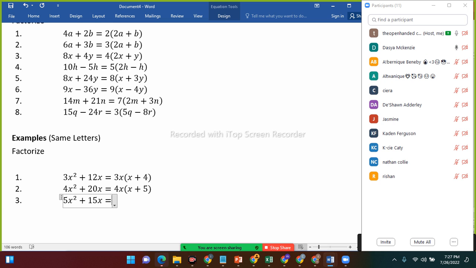So you have 5x on the outside, and then inside you will have x plus 3. X plus 3, very good. So that's how we do those ones. If we have the same letters, we have to not only factorize the number, but also factorize the letter as well. That is common in both.